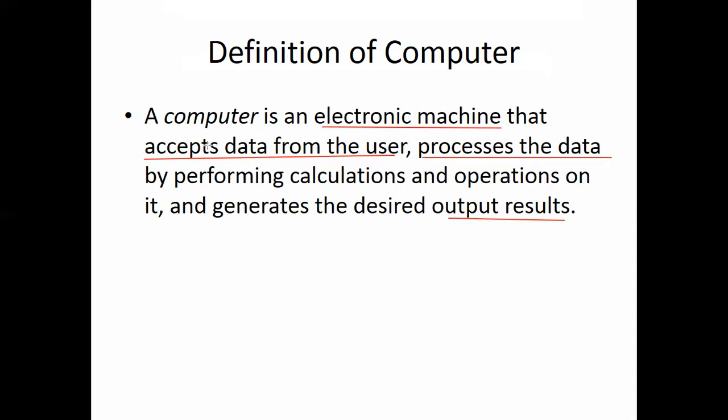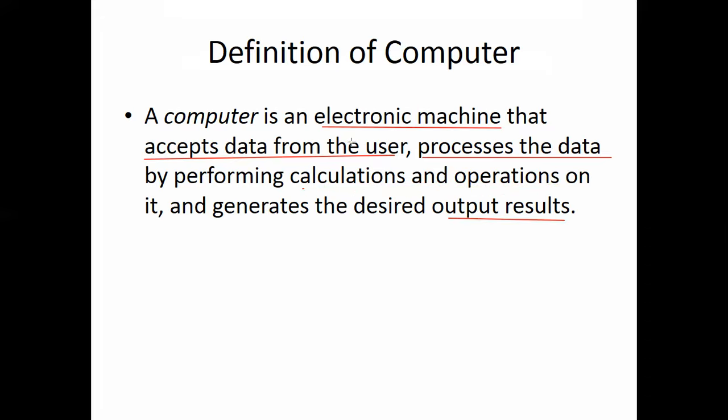Now, when this input has been received, this machine should be able to process the data, should be able to work on the inputs, the values that have been entered. It can work on them by performing calculations. It can also work on them by performing some other operations.